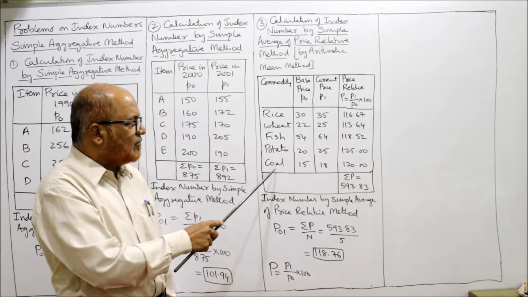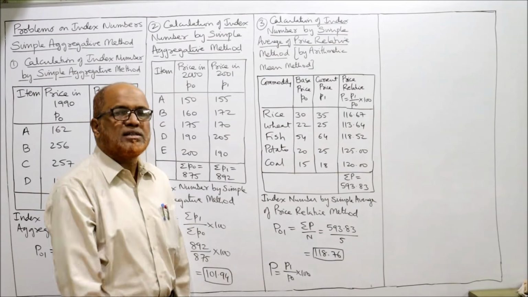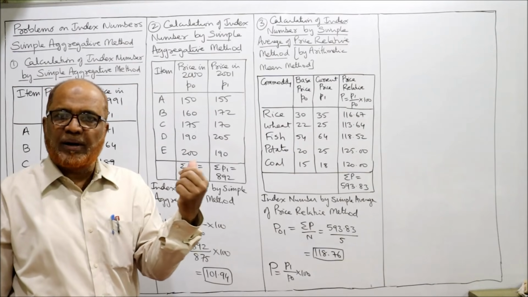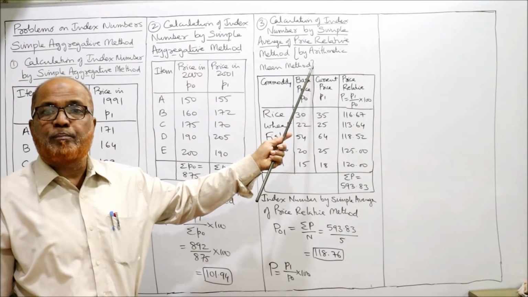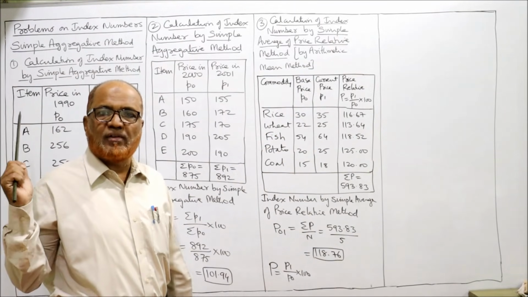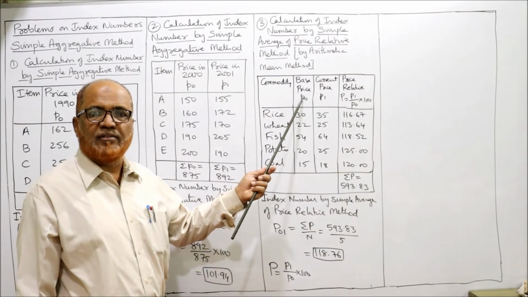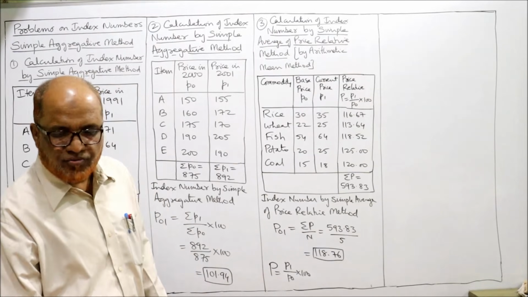How many items do we have here? 5 items. So divide by 5. 118.76 is the P01, the price index of the current year compared to the base year according to the simple average of price relative method. The first two problems we have done on simple aggregative method. This is simple average of price relative. This is the difference. So we have completed problem number 3.